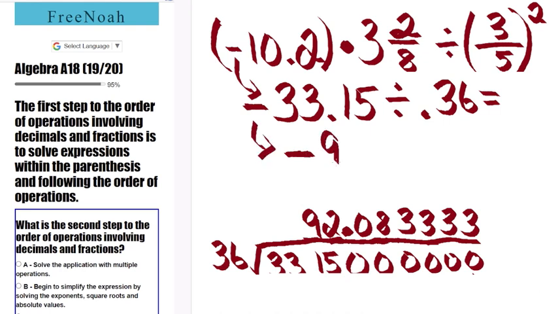Let's not forget the negatives once again. All right, so negative 33 and 15 hundredths divided by 0.36 equals negative 92.083333333.